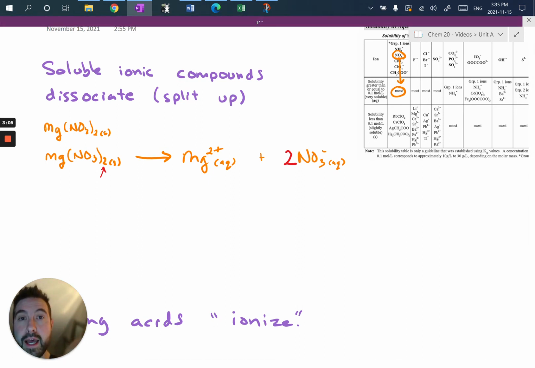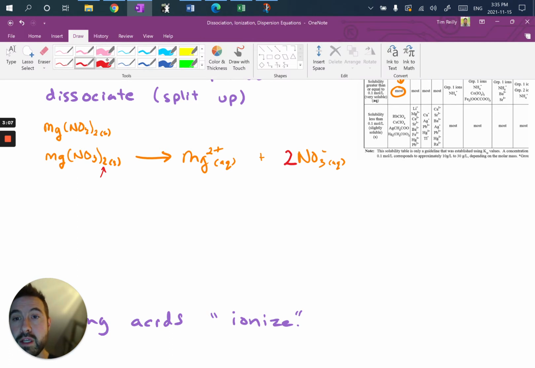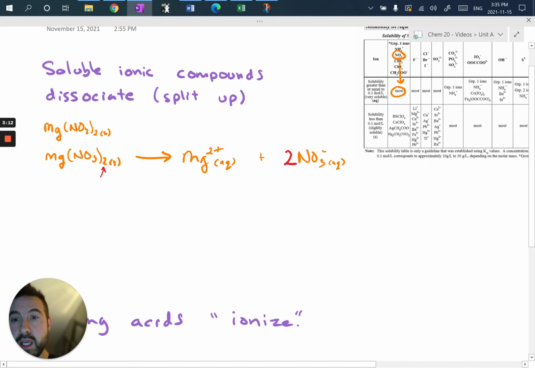Okay. Now, if you find out something is low solubility in water, let's say calcium carbonate. Yeah, it's still low solubility. So let's say I have calcium carbonate, solid. I determine that's low solubility from the solubility table.